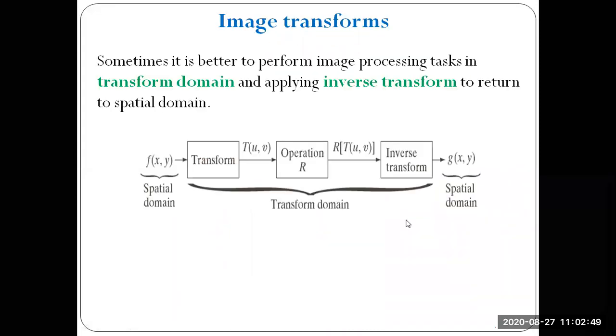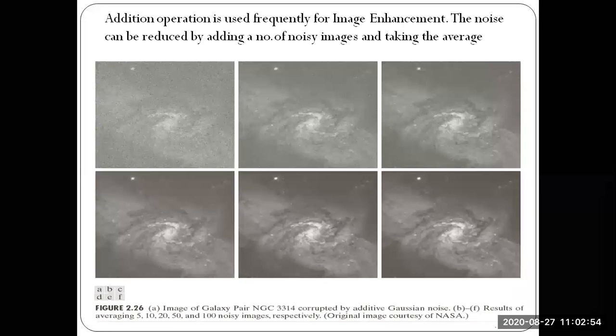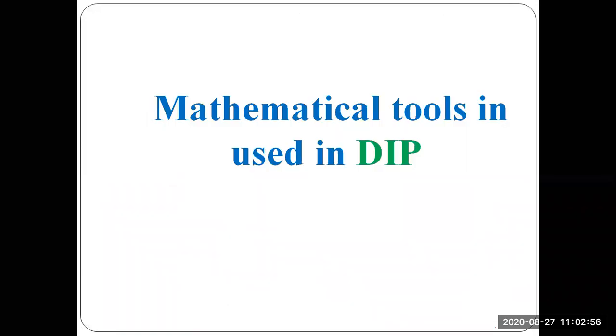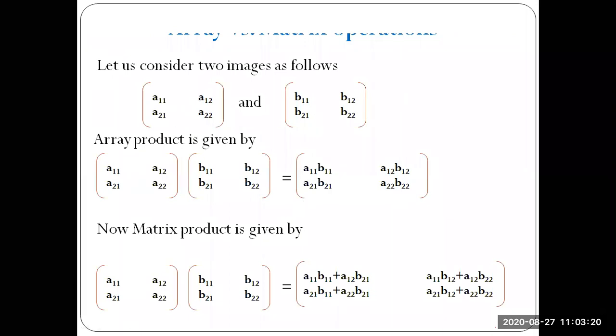Now I want to revise today's topic, the mathematical tools used in digital image processing. There are these operations: array and matrix operations, linear and nonlinear operations, arithmetic operations, set and logic operations, and spatial operations. First, the simple one, array and matrix operations.